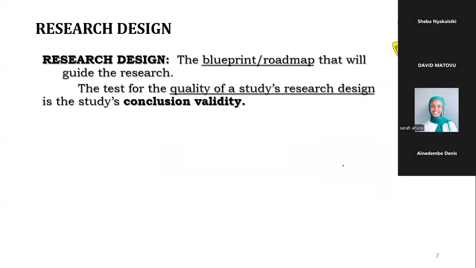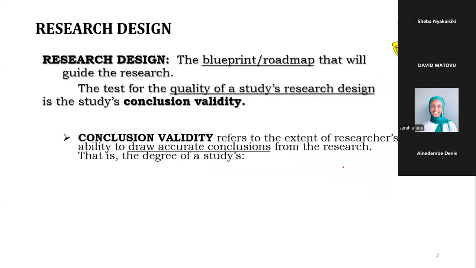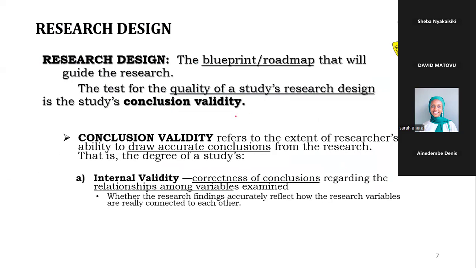So now we want to talk about some of the things we would consider in research design, especially validation of data, the part where we talk about validity of data. We want to ensure the correctness of our conclusion, that we have the most precise answer.